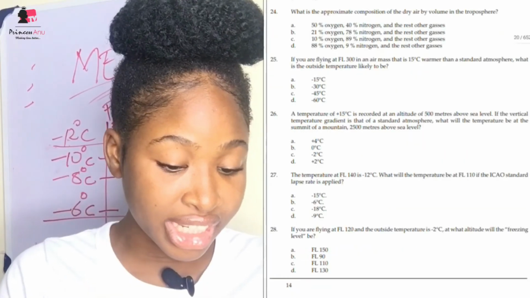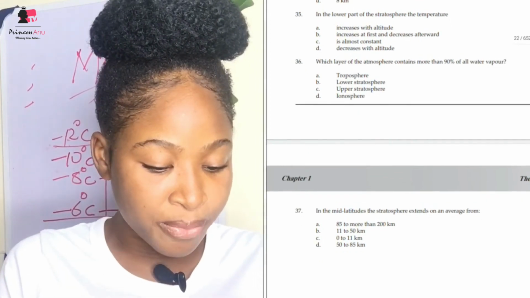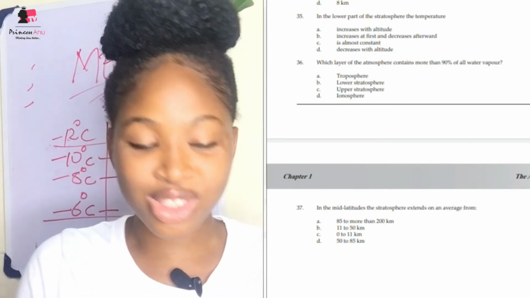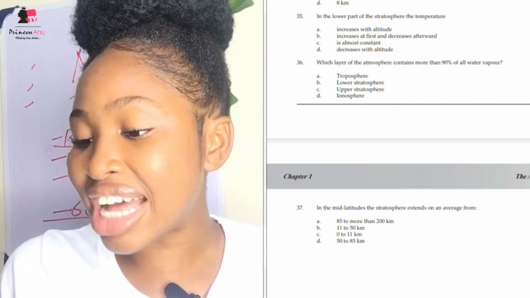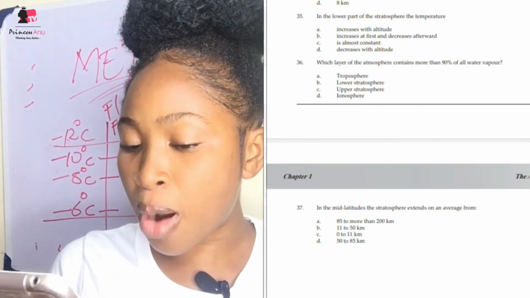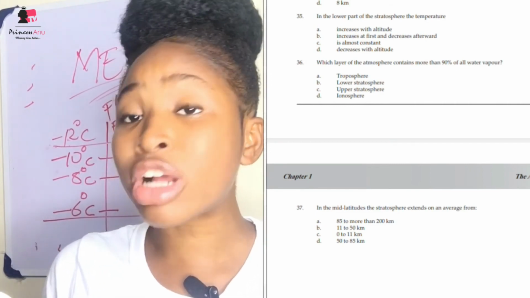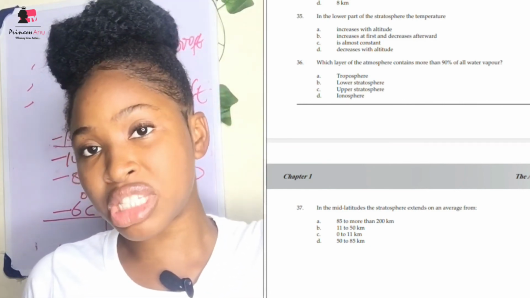Question 37 is the last question that we have for today. So okay, good and fine, this is not a calculation question, so we are going to do it just in a jiffy. In the mid latitudes, the stratosphere extends on an average from, we talked about the fact that the stratosphere is from 11 kilometers to about 50 kilometers.